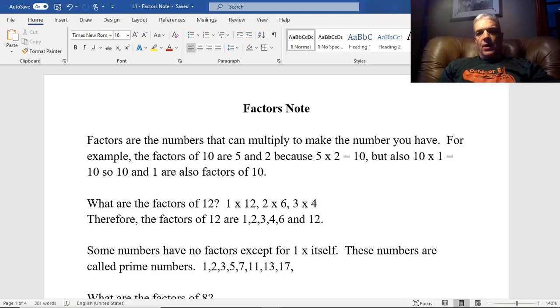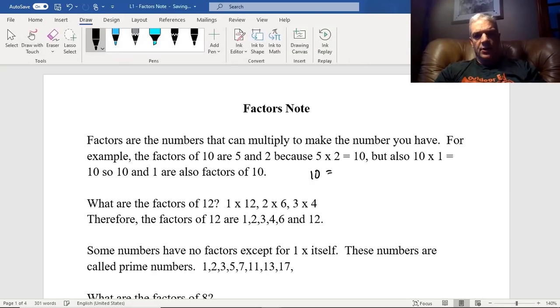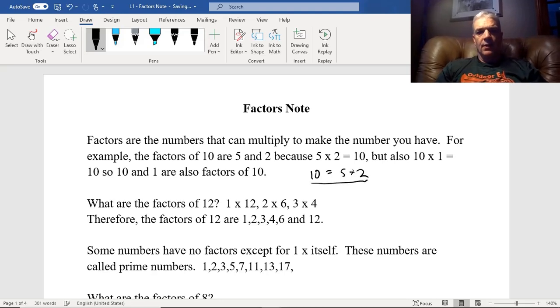Now we also have 10 times 1 equals 10, so 10 and 1 are also factors of 10. But essentially, if you're asked to factor 10, you could turn it into 5 times 2. That would be an example of factoring the number 10.